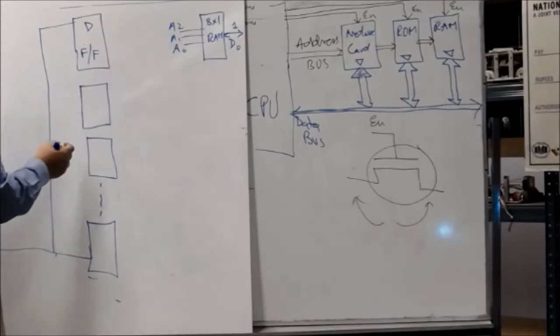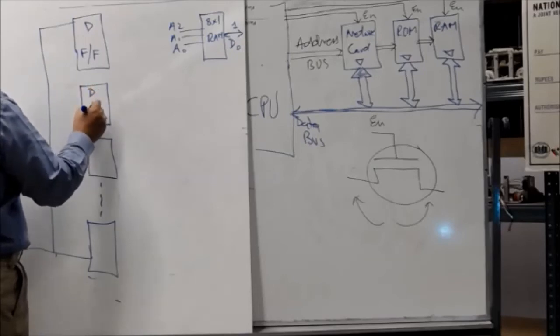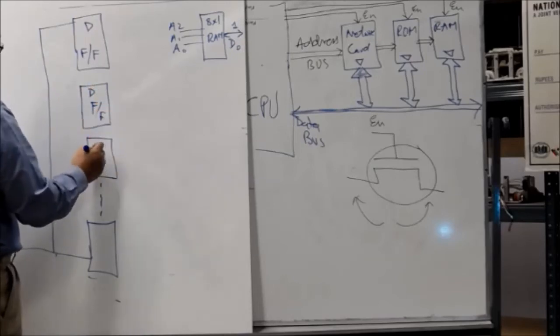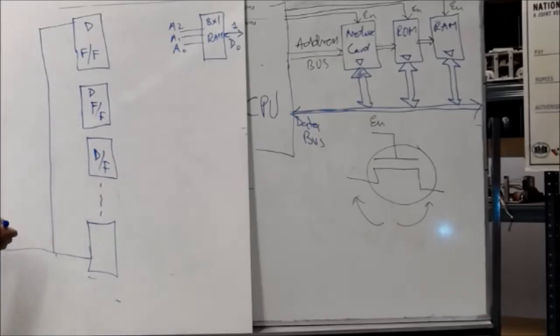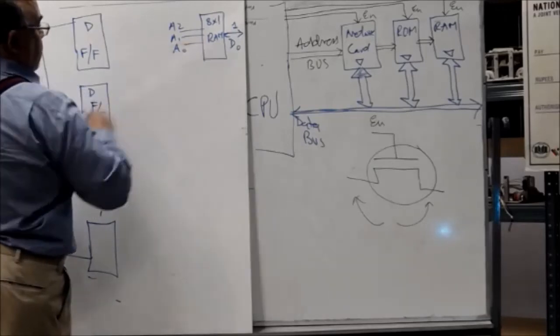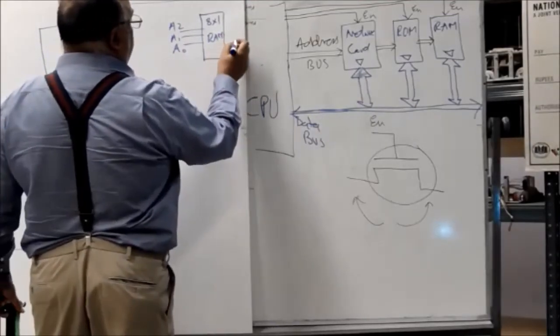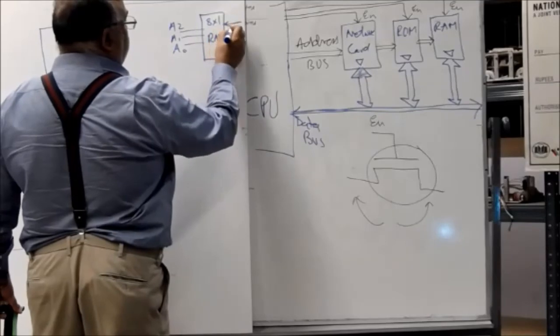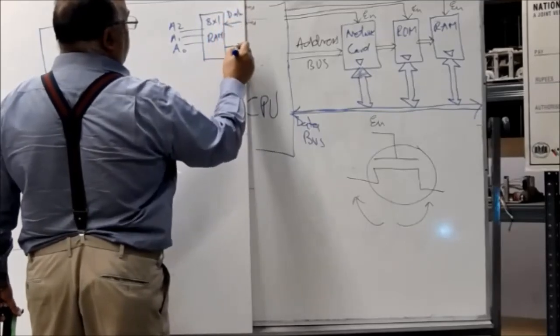So all of the data input is going there. This is also a D flip flop. So these are all locations that you can write. This is the data input. Inside this RAM, input data is coming here and data output is over here.